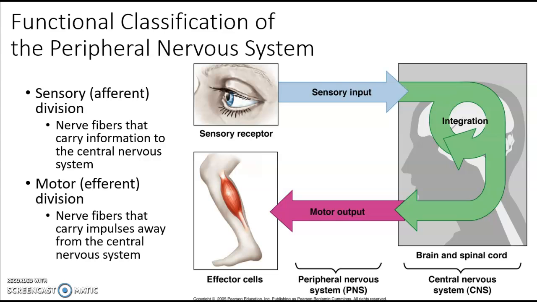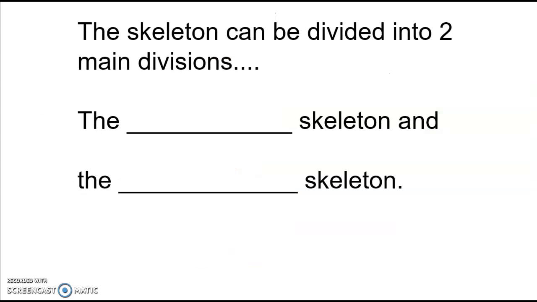We see the divisions of the nervous system, the sensory input going into the decision-making part of the central nervous system. Once a decision is made, the signals are sent out to the motor output or the muscles.